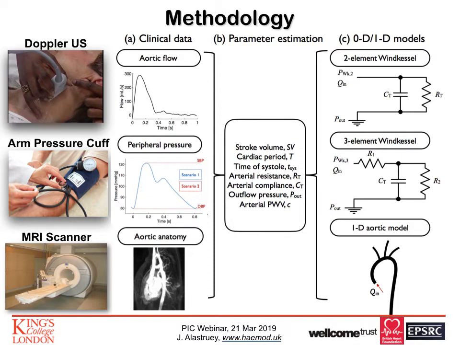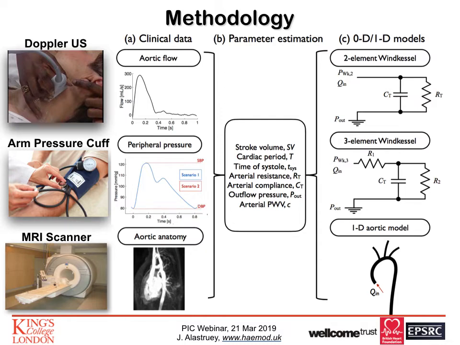The input data on the left is the blood flow pumped by the heart into the aorta, measured by either Doppler ultrasound or PC MRI. The blood pressure measured in the arm using a standard pressure cuff. And for the 1D model, we also require the anatomy of the aorta measured by MRI.